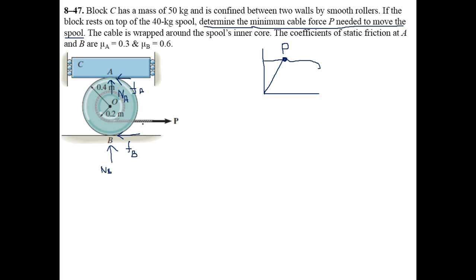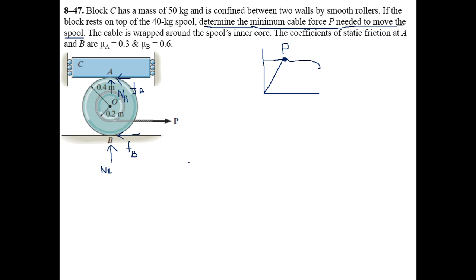Now this gives us a sense that it is a type 2 problem, and while we solve this problem using the methodology of a type 2 problem, we will be using summation Fx, summation Fy, the friction equations, and the equation of moment.